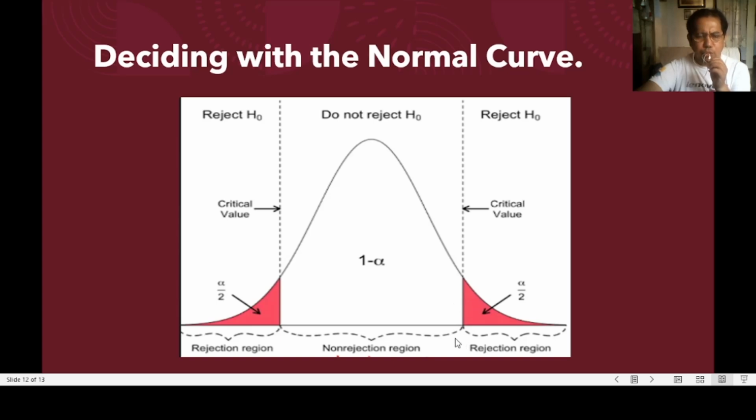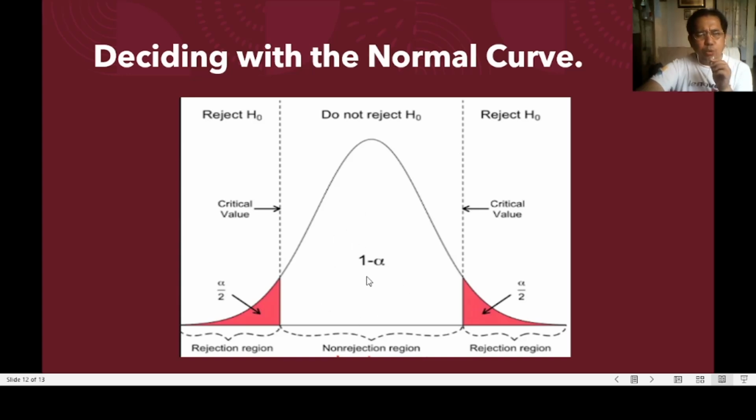So when we are talking of the probability of retaining the null hypothesis, say the level of significance is 5%, the probability of retaining the null hypothesis is 95% and below. So that is located in here.